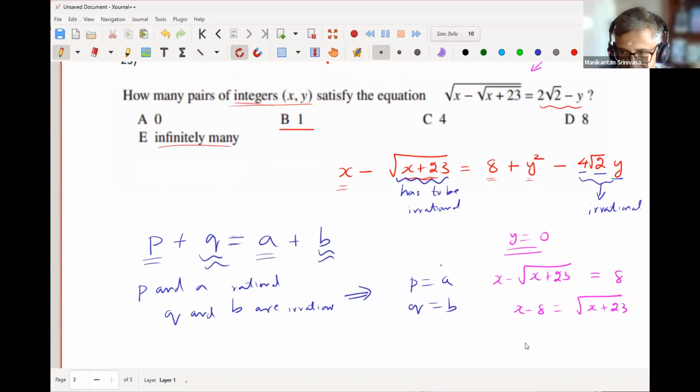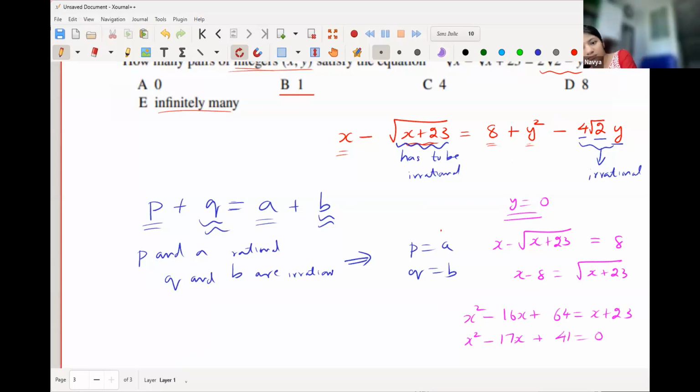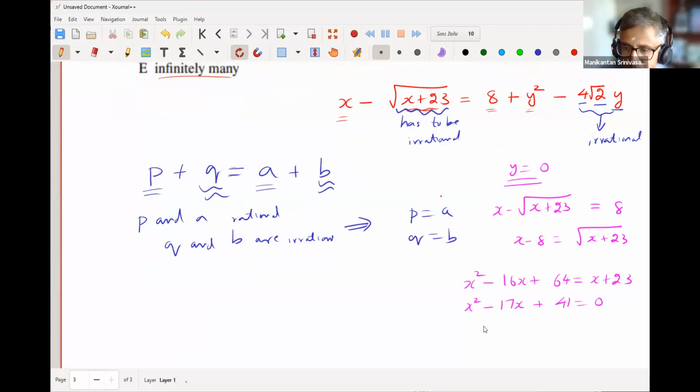So that's still possible. So let's square it. x square minus 16x plus 64 equal to x plus 23. So x square minus 17x plus, what is this, 64 minus 23 is 41, equal to 0. Now, does this have an integer solution for x?